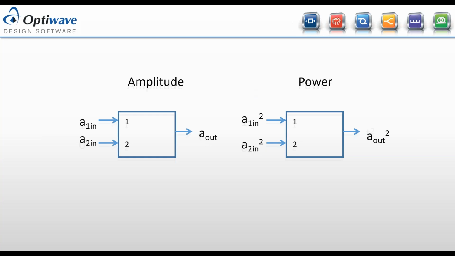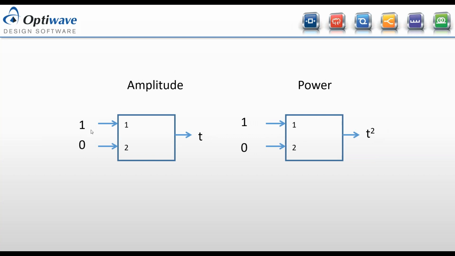And in the first simulation, we put unit amplitude in port 1. In the last simulation, we put unit amplitude in port 1 and nothing in port 2. Without loss of generality, we can say that the output was T, where T is at the moment an unknown, T for transmission.